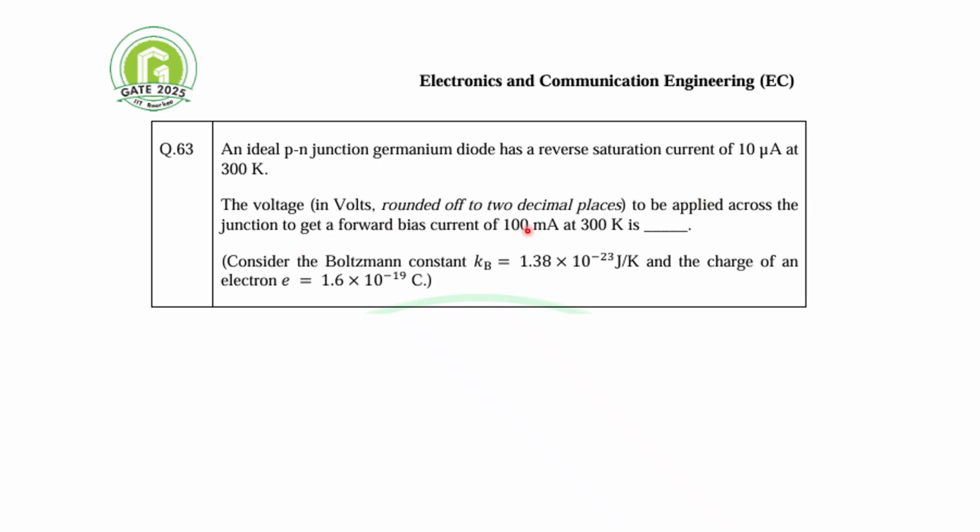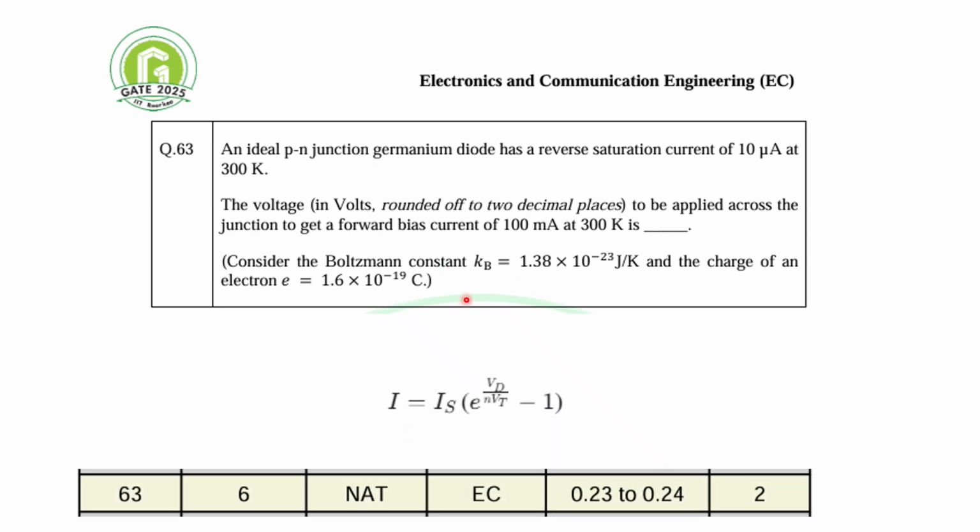How much voltage do we need to apply in forward so that a current of 100 milliampere will flow? So V is required. As per the answer key, your answer should lie in the range of 0.23 and 0.24.